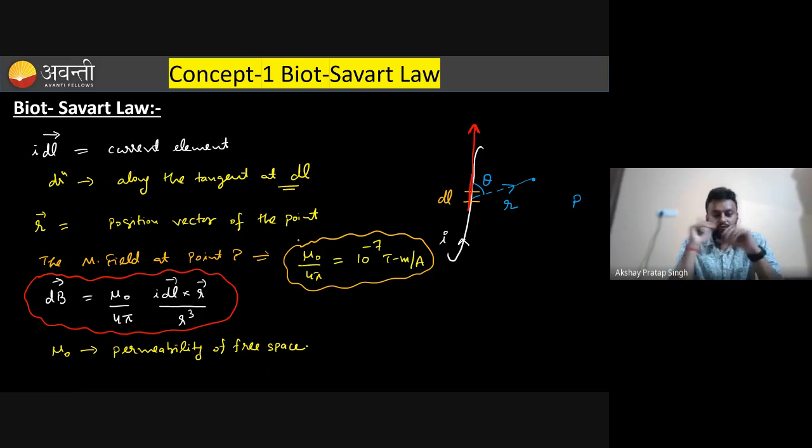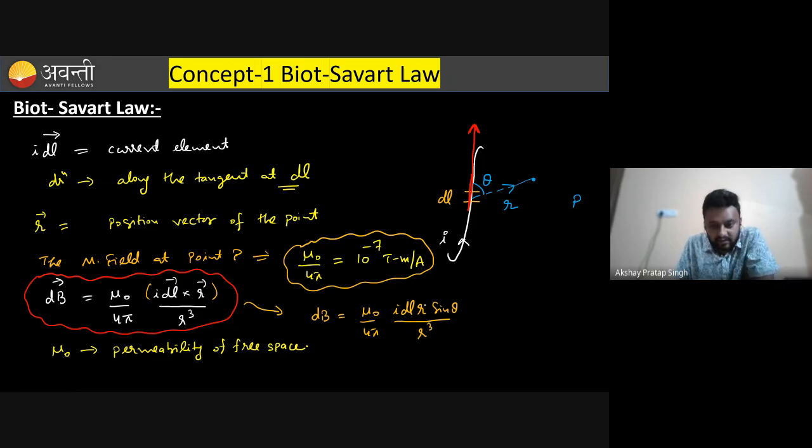Okay. One more thing that I will say, if you can see, this is the vector product, IDL cross R. We know that A cross B is AB sine theta. So we can write it as dB is equal to mu naught over 4 pi IDL R sine theta divided by R cube.